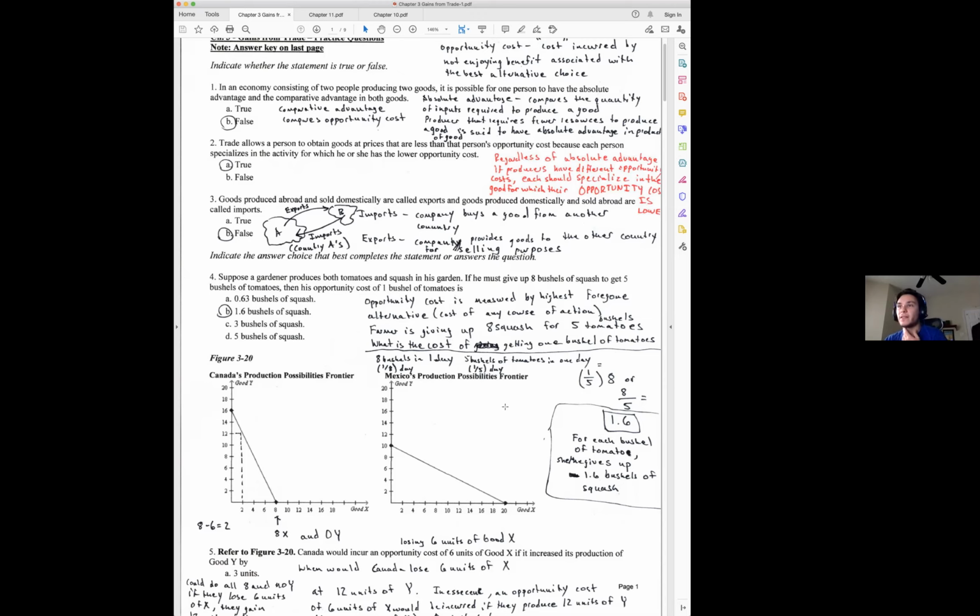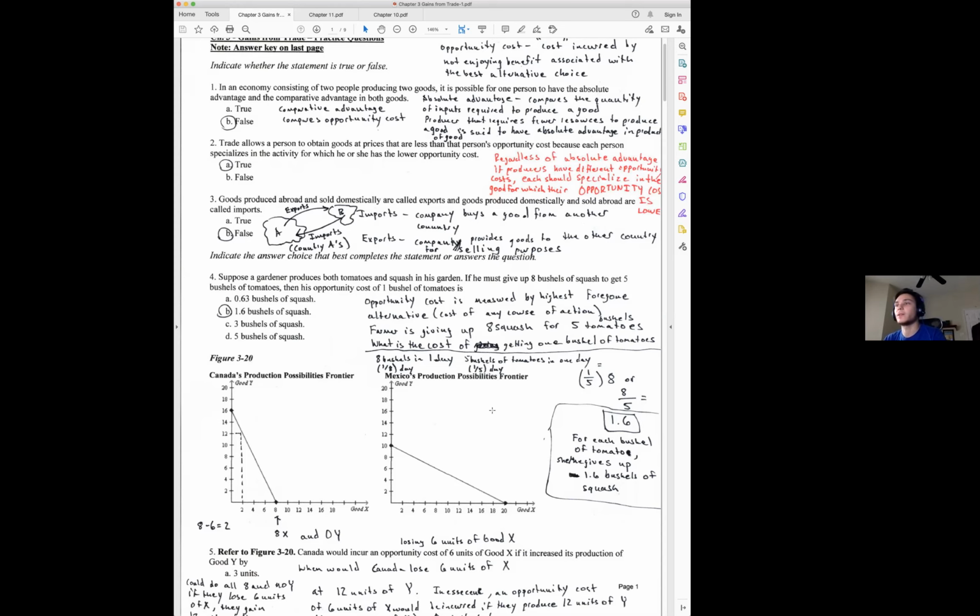Another way, which is the way that I was taught, and I like it, is this: say you can either produce 8 bushels of squash in one day or 5 bushels of tomatoes in one day. To get just 1 bushel of each, it would take an eighth of a day to make 1 bushel of squash, and a fifth of a day to make 1 bushel of tomatoes.